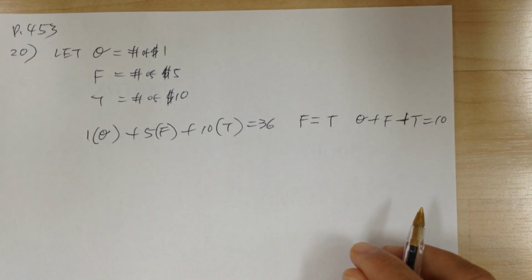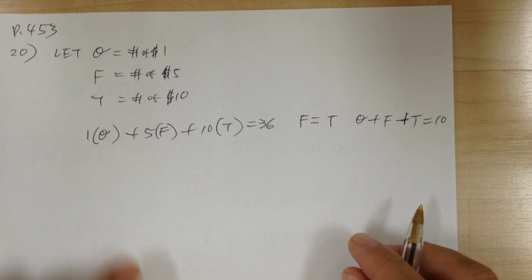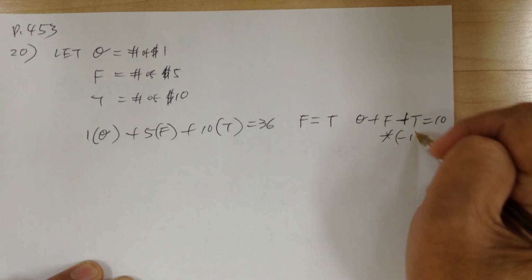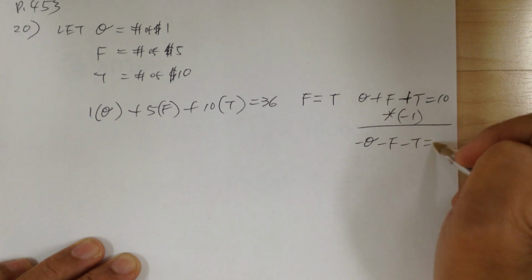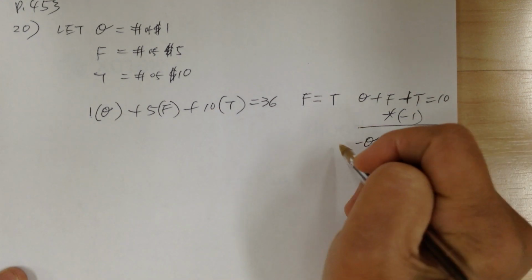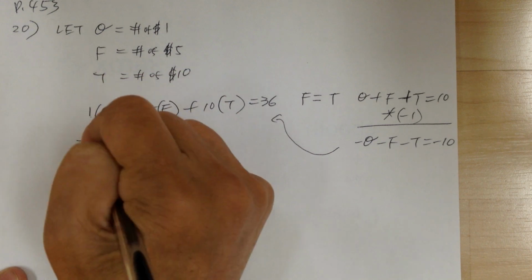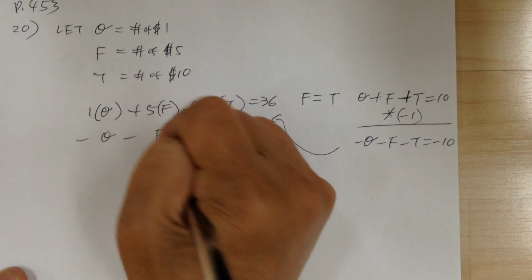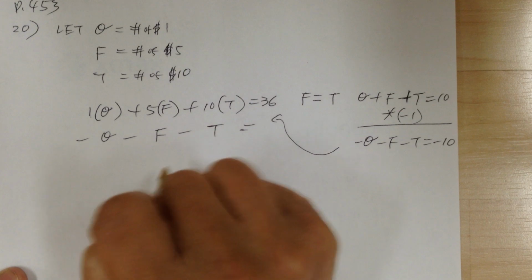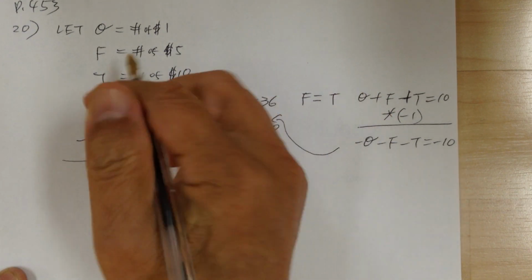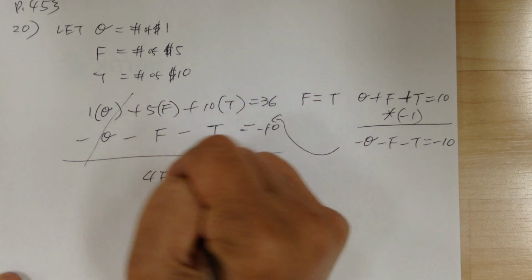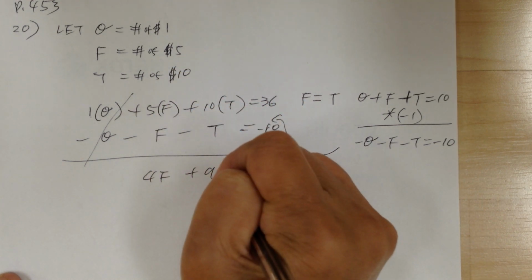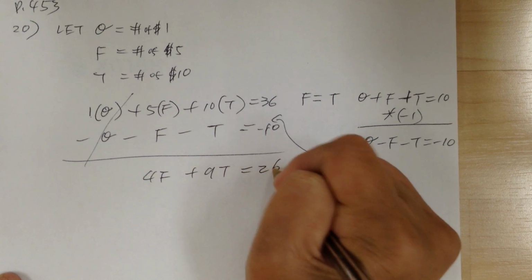Okay, so what I'm going to do is eliminate the O. So I'm going to times this by -1. So I got negative O minus F minus T equal to -10, and I'm going to put it over here. So when I add this, the O's cancel out, and so I get 4F plus 9T equal to 26.